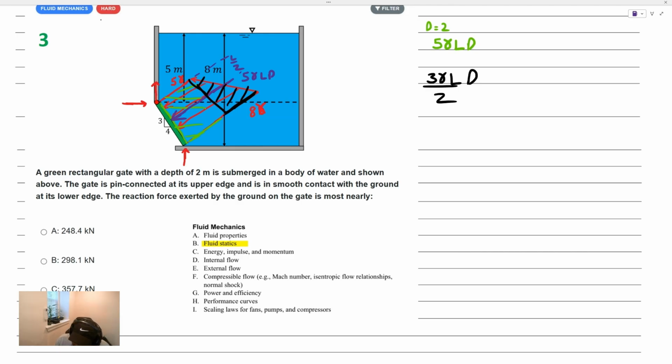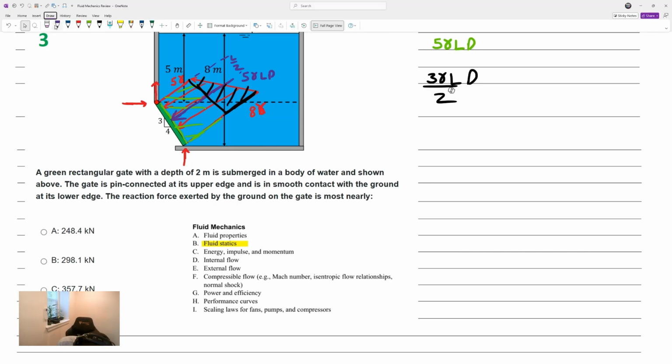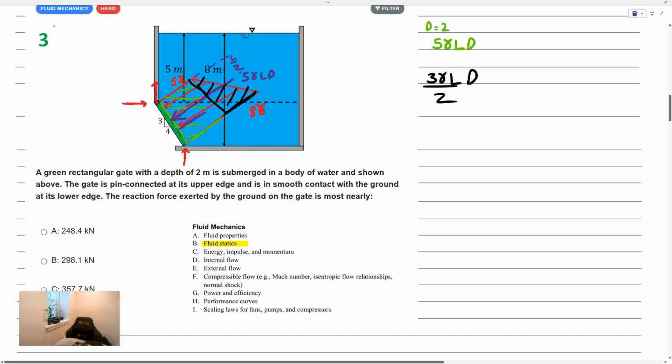This is the resultant force due to that triangle. So if we go ahead and draw that right here, we have what this is. It's 3 gamma over 2 multiplied by LD. Okay, so that is what the contribution is due to that triangular portion.